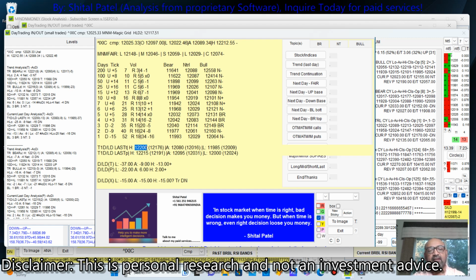So that level is now 12215. One can expect selling below 12200. So basically 12200 is resistance at this time.